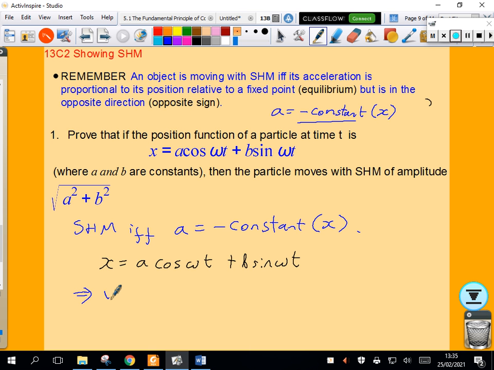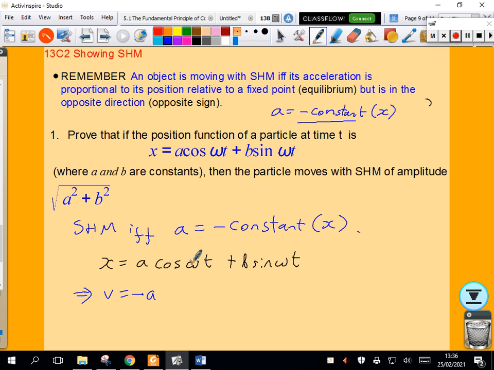So velocity is just the derivative of displacement or position. So velocity here, first of all, is a cosine function, so the derivative of cosine is going to be negative. Also, I'm factoring out the a. Also, we're going to be using the chain rule. The derivative of cosine of the argument is negative sine of the argument times the derivative of the argument.